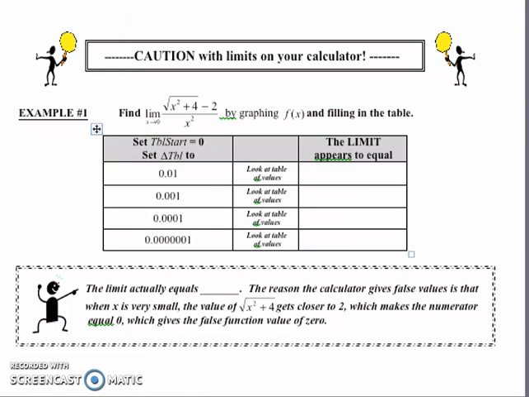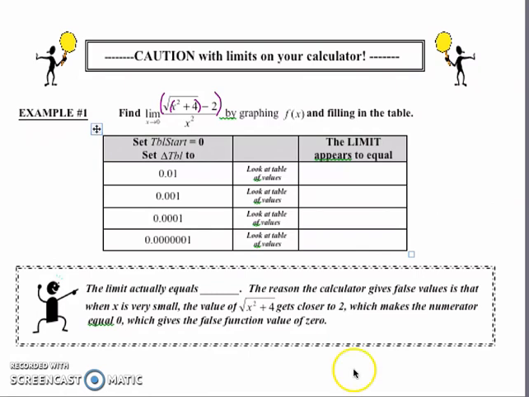Because we have a numerator and a denominator, we have to make sure first of all that we are parenthesizing that whole numerator. And then some of you will also have to parenthesize the x squared plus 4 under the square root to show that all of that is under the square root. Regardless of the model that you have, if you do that, it's not going to be a problem, okay?